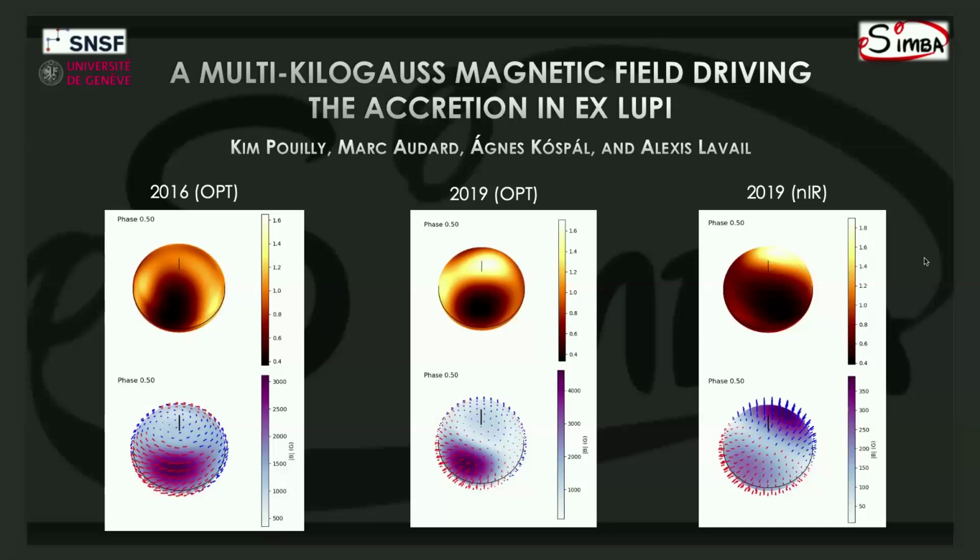This magnetic analysis was done simultaneously with an accretion characterization and revealed one of the most stable processes ever observed, which is quite incredible. And this process is driven by the strongest dipolar magnetic field ever observed on a classical T Tauri star.